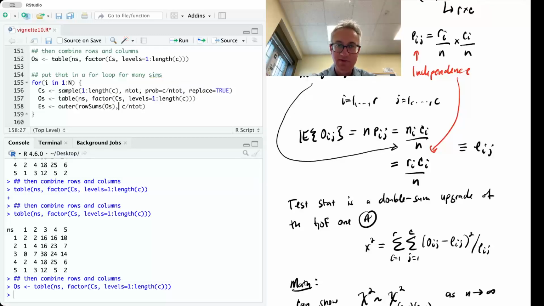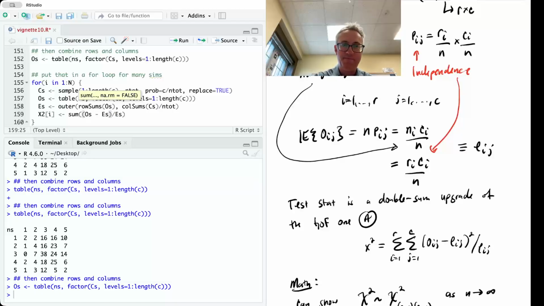Those are the n's. And then column sums, those are the c's, divided by n total. And then I can calculate the chi-squared statistic as the sum of O's minus E's divided by E's.